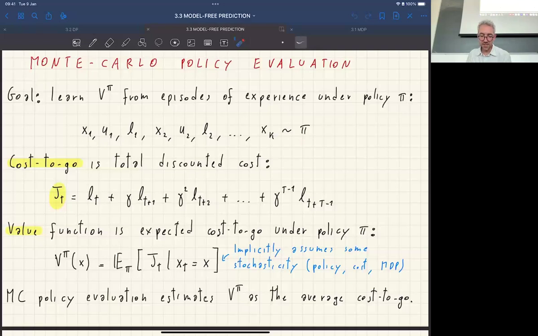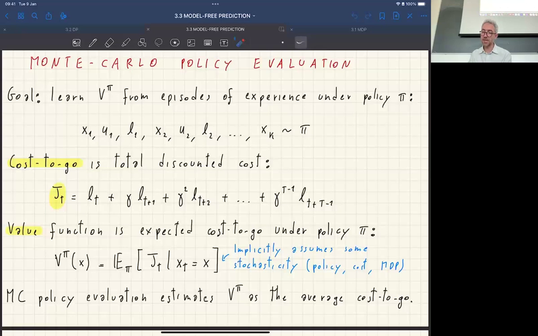Then for this data that we have collected, we can compute the cost to go, which is nothing more than the summation of the cost observed at each time step, pre-multiplied by the appropriate discount factor. So the cost at the next time is discounted by gamma. In 2 time steps, it's discounted by gamma to the power of 2, and so on and so forth until the end.